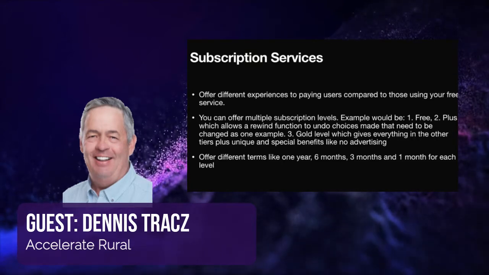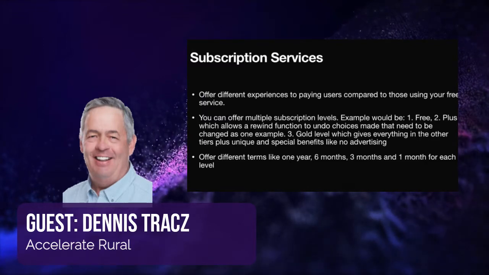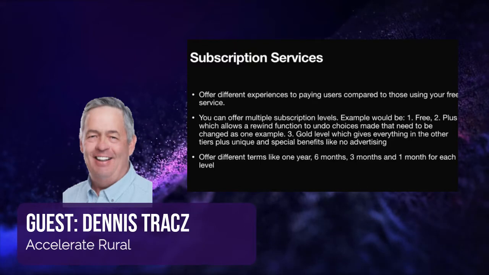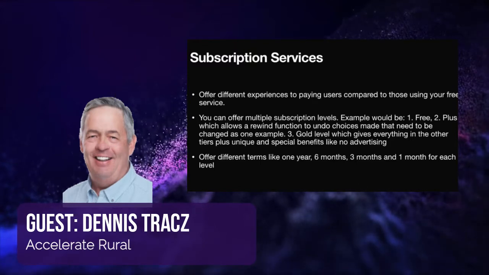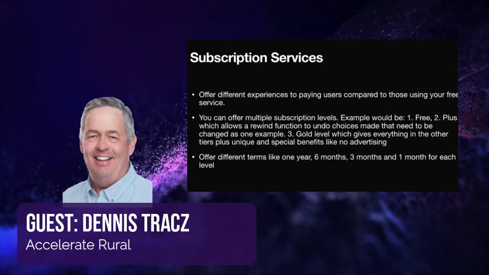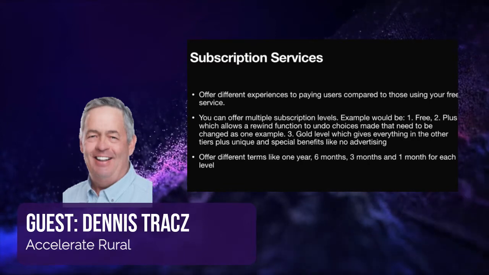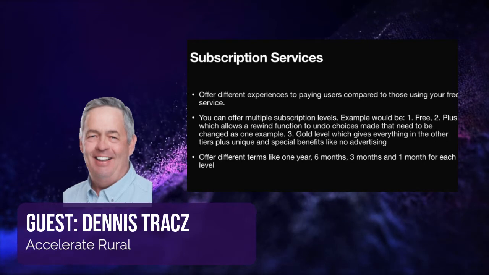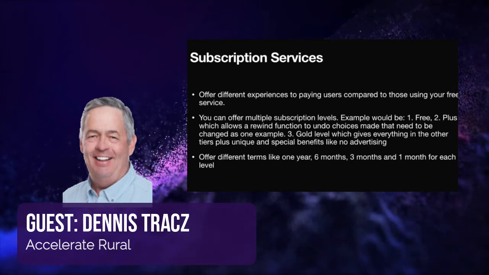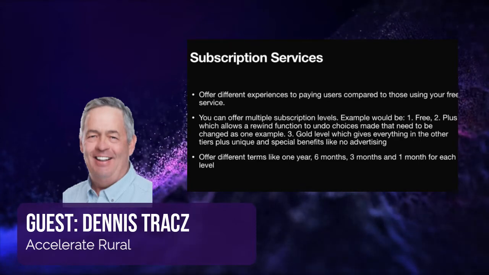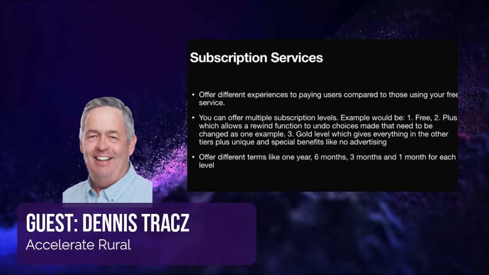For example, one is free, two would be some sort of a plus category, which might allow a rewind function, for example, in the case of a game, or to undo choices made as one example. And then a third could be a gold or a premium level, which gives everything that the other tiers have, plus something unique and special like no advertising as an example.